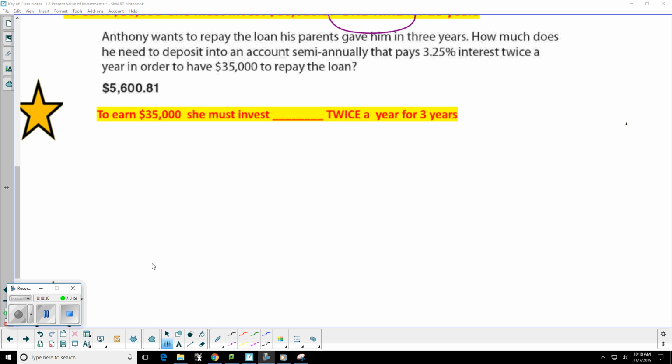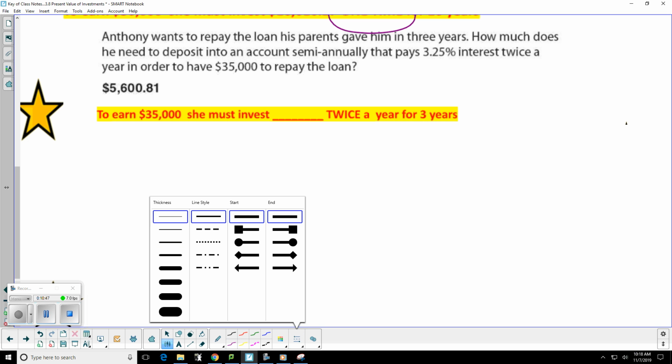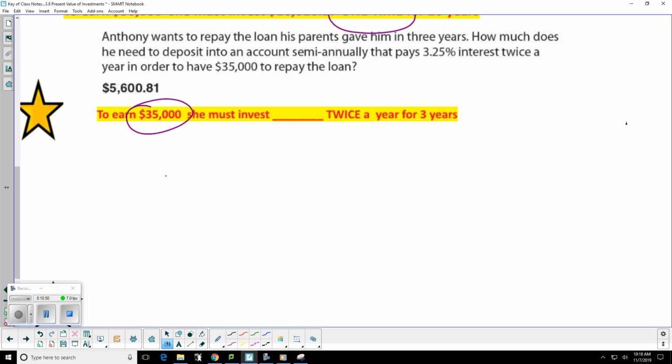All right. In our Anthony example, we know that Anthony wants to repay the loan his parents gave him in 3 years. Maybe he bought a car, maybe he started a business, we don't know. We do know the loan amount he started with is $35,000.